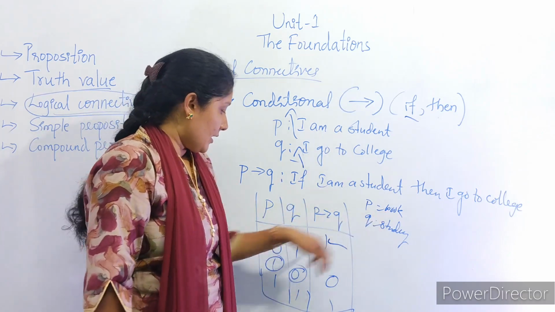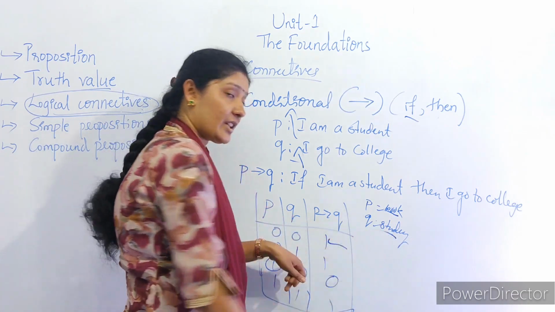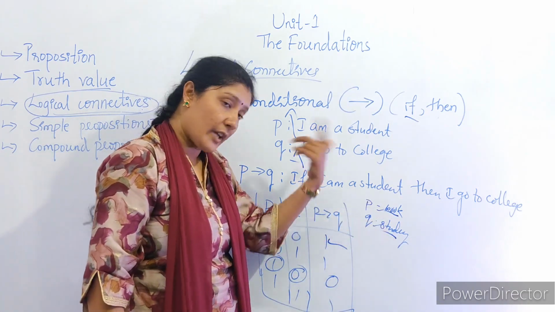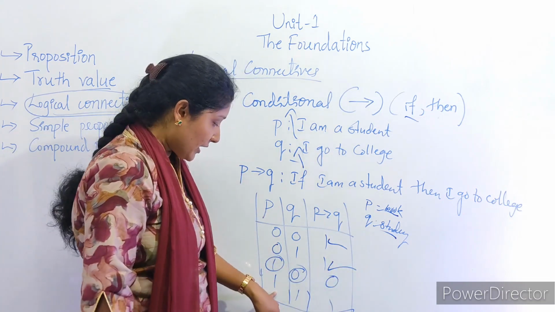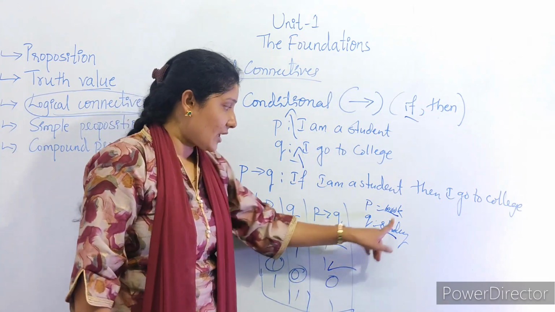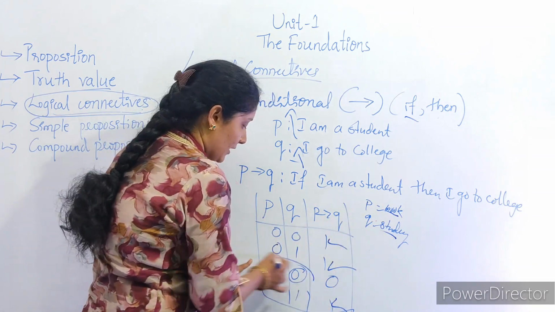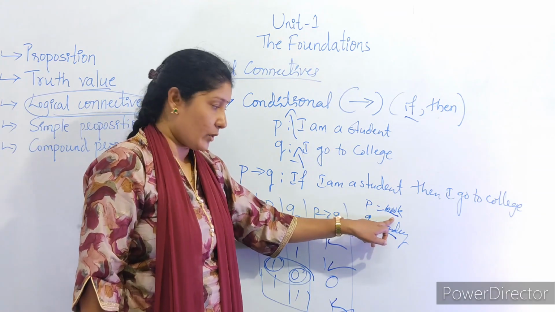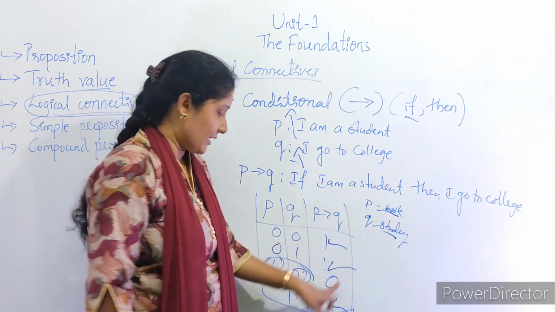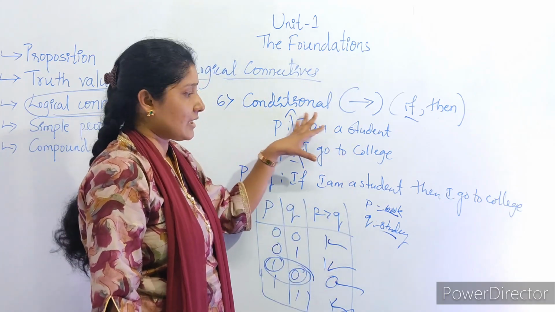Next, 0 1 means you don't have a book, but you study, which is good. The last one, 1 1 means you have a book and you study, that is good. Now the third one is 1 0. 1 0 means you have a book but you don't study, which is very bad. That's why it is false. So in this way you can remember conditional.